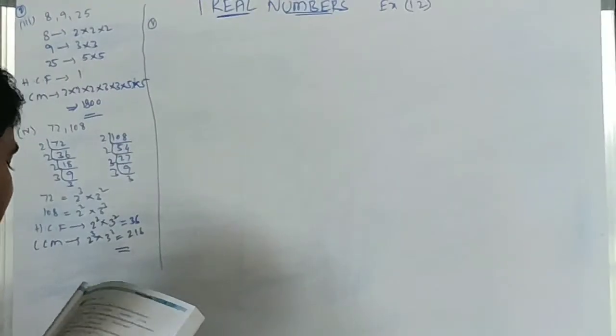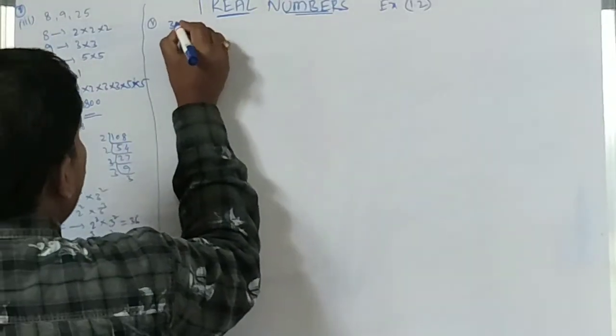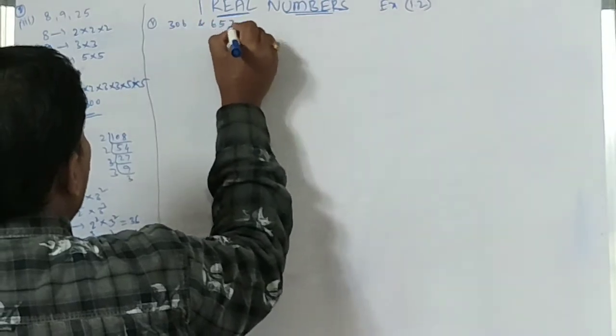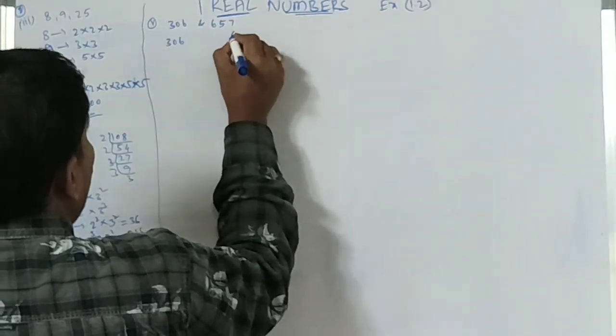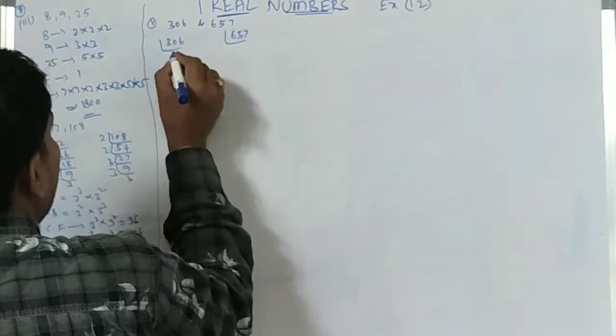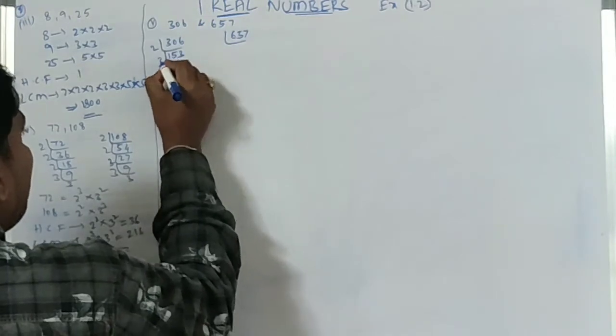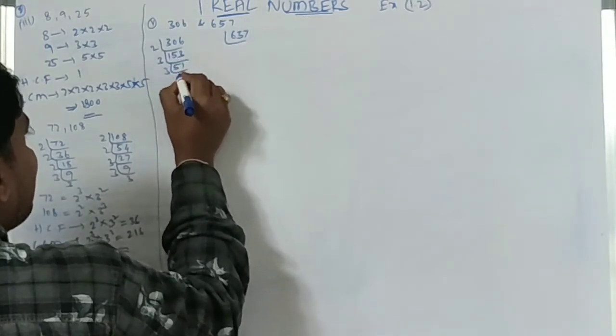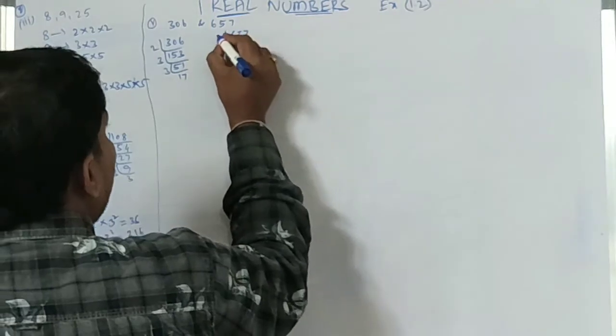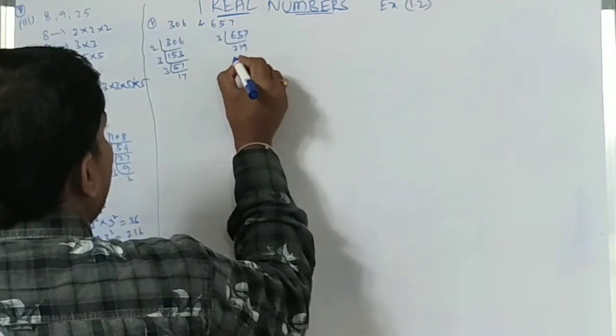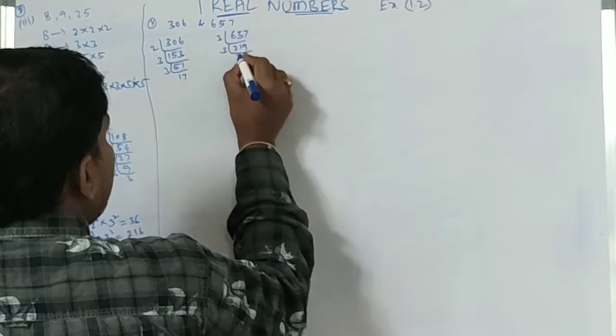Fifth one is 306 and 657. 306 here I am taking, 657 here I am taking. So 306: 2 times 153, 3 times 51, 3 times 17. Then 657: 3 times 219, 3 times 73. 73 is a prime number, that's why we can't do anything about it.